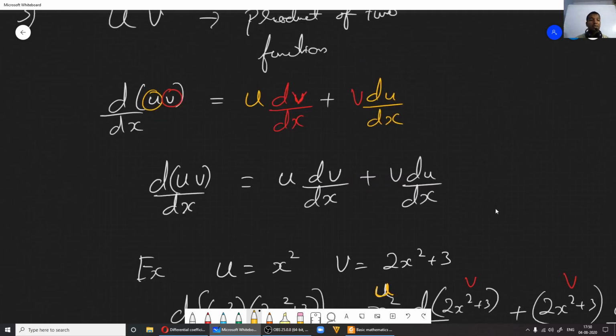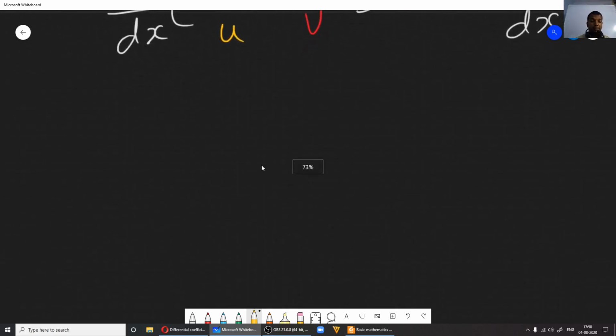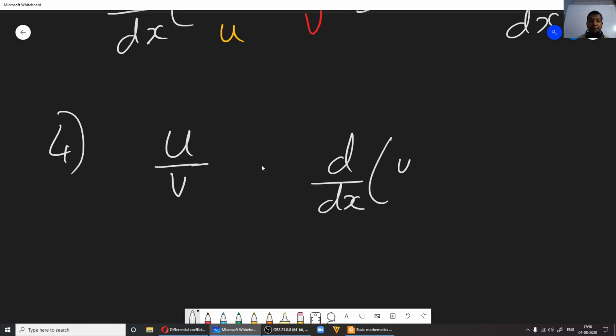Now there is the next one, the fourth one. We look at the ratio of two functions. Say u is a function of x and v is a function of x. Now you have the ratio of two functions of x. In that case, how can you find d by dx of u by v? Now this is important, remember.